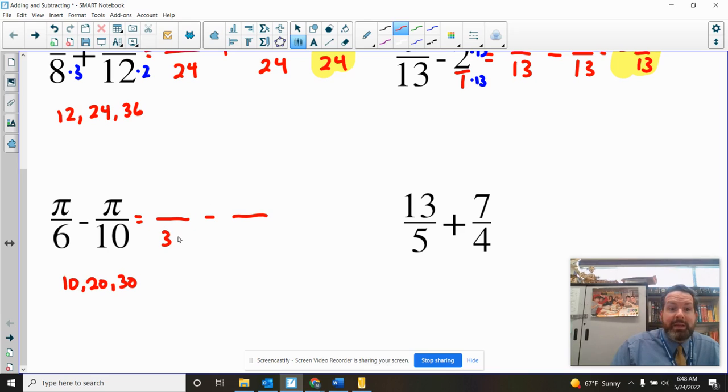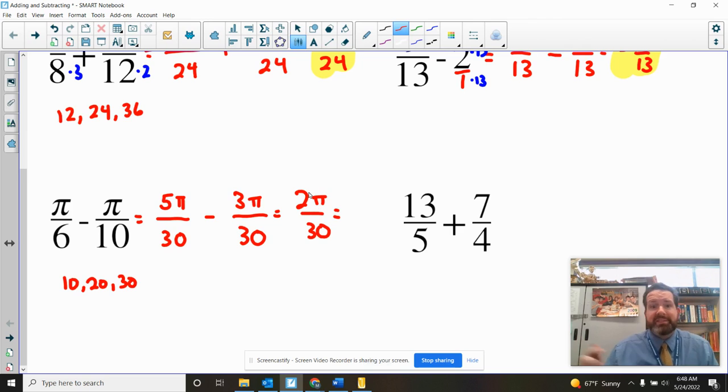Okay, so our least common denominator is going to be 30. To turn a 6 into a 30, you multiply by 5, top and bottom. To turn a 10 into a 30, you multiply by 3, top and bottom. Right? Okay, 5 pi minus 3 pi, that's 2 pi, with a 30 on the bottom. Ooh, and this one then reduces in the end.